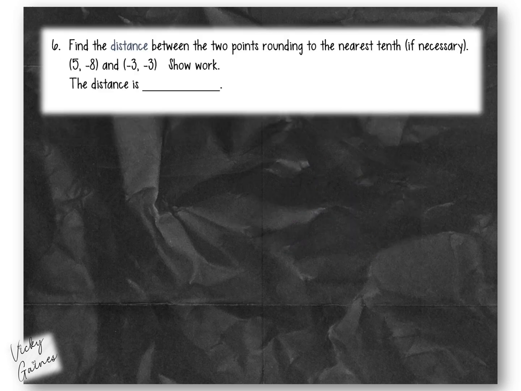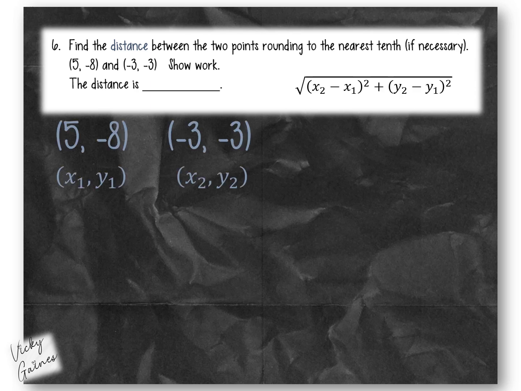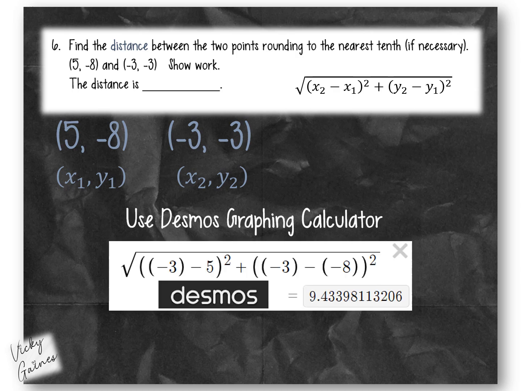Number 6, we want the distance between the 2 points rounded to the nearest tenth. So we need to remember our formula. And our points, 5, -8 is going to be our x1, y1, and the point -3, -3 is going to be our x2, y2. So we're going to plug that in, and I put it straight into Desmos graphing calculator.